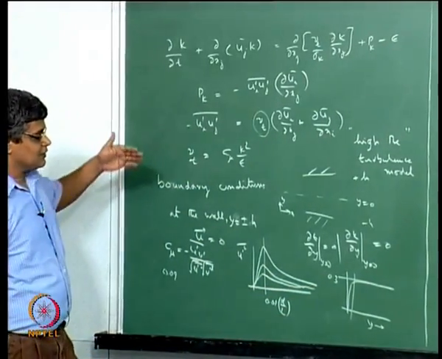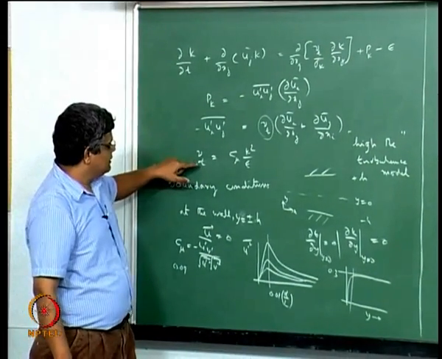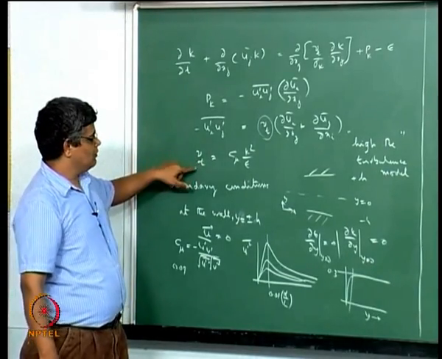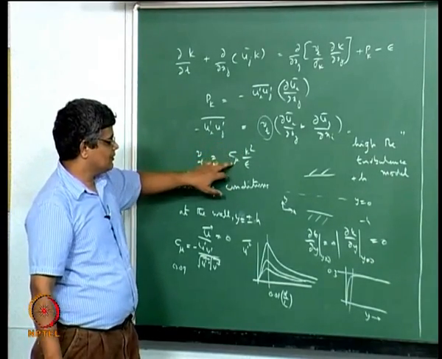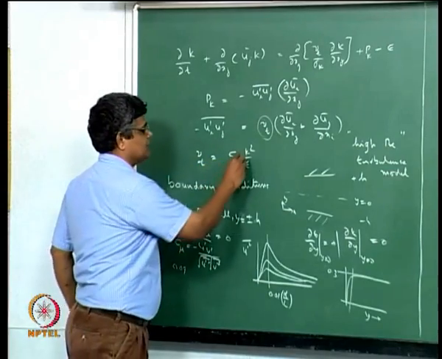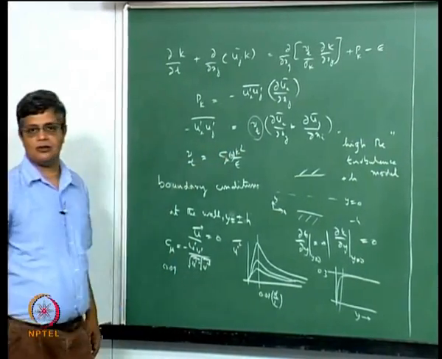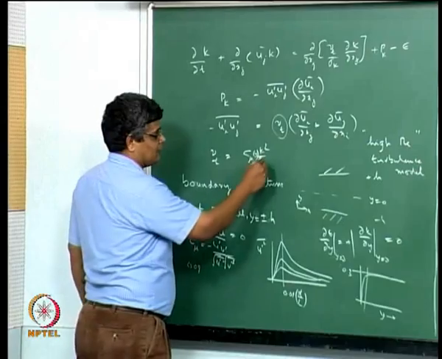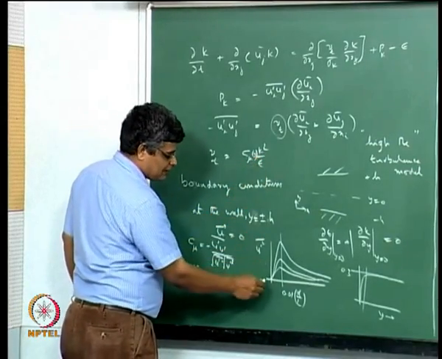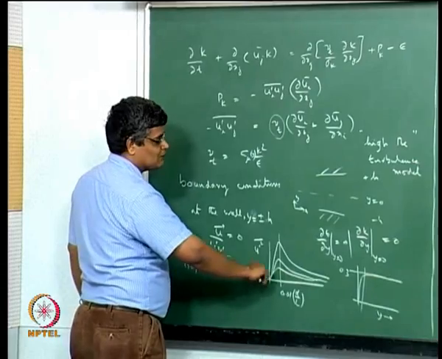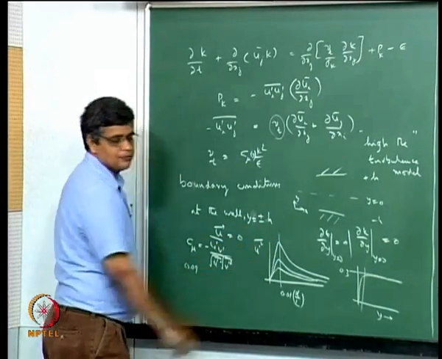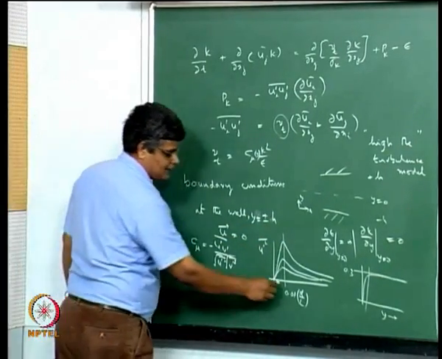So that means that when you come very close to the wall the turbulent viscosity is no longer directly proportional to k and epsilon, but this constant itself is a function of y, the distance from the wall. And also the k and epsilon, although they are 0 at the wall, show very steep gradients close to the wall, okay, in the region very near the wall.